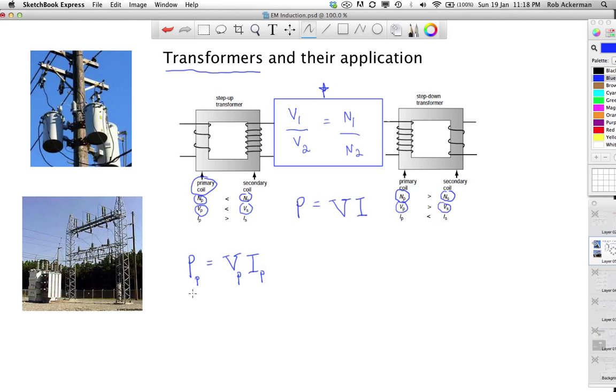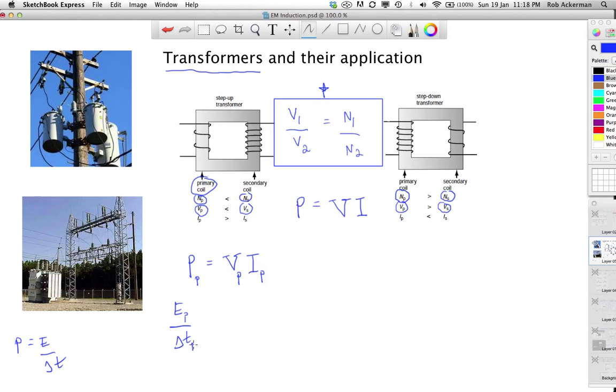Now remember also that power is energy over time. That comes from the formula power equals energy over time, not times time. My mistake there. So I'll delete that and put in energy over time.